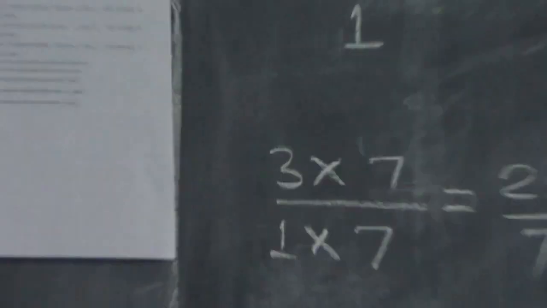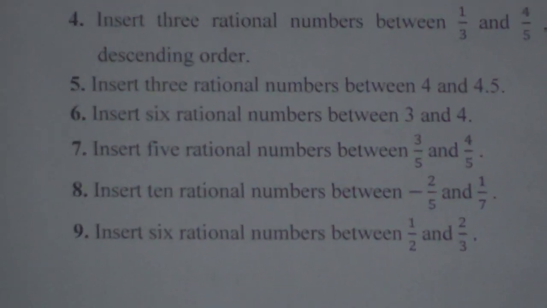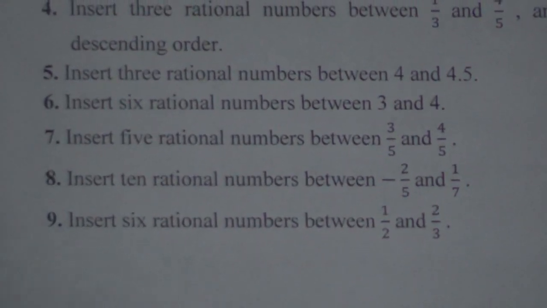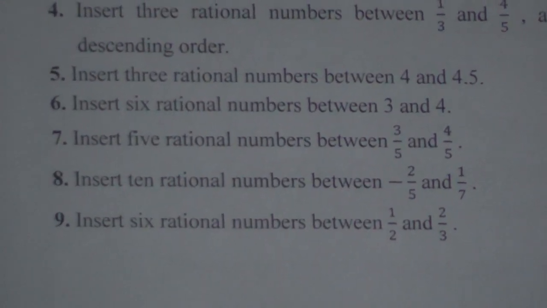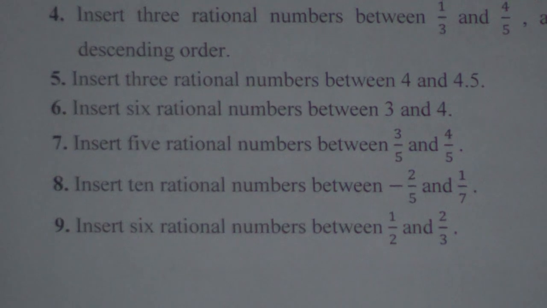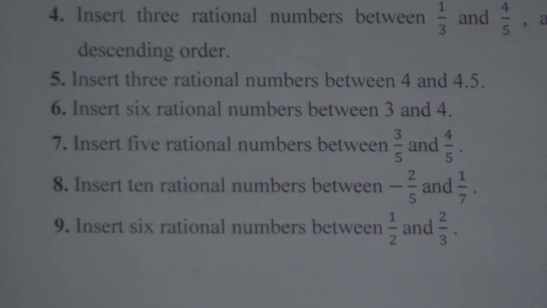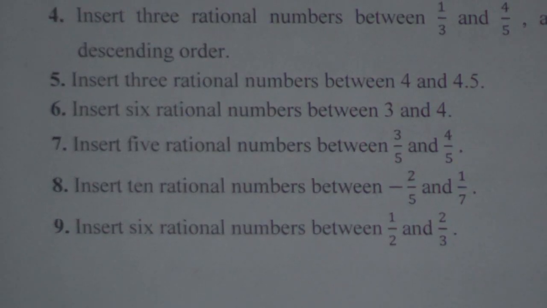So insert 5 rational numbers between 3 by 5 and 4 by 5. Question number 7. 3 by 5 and 4 by 5.